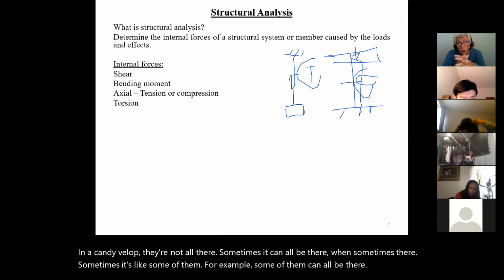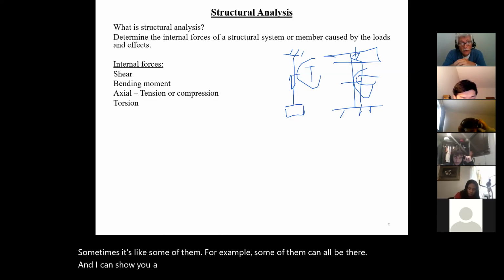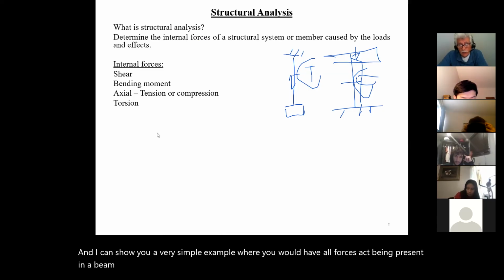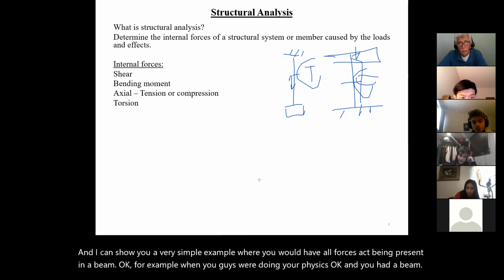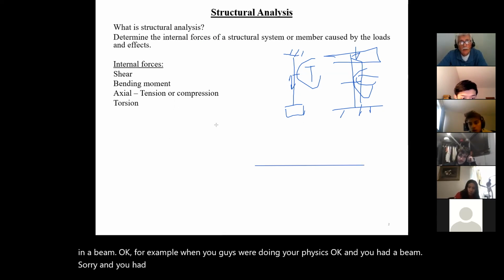And I can show you a very simple example where you would have all forces present in a beam. Like when you were doing your physics, and you had a beam and you were applying all your loads.